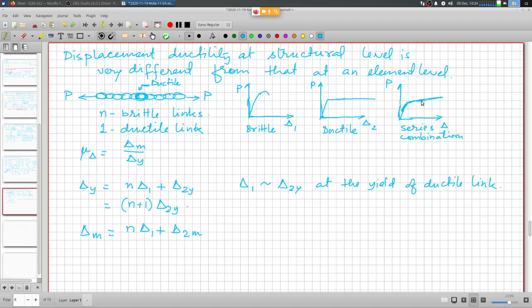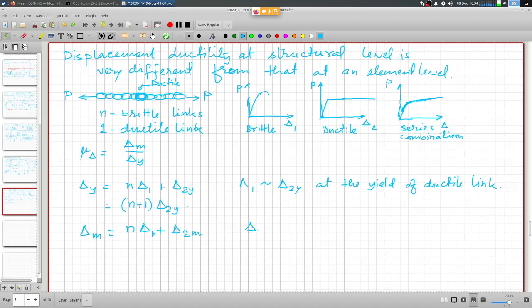So the brittle, other elastic link elements really have a very, very small contribution to make. Most of the deformation is absorbed by this ductile link, and it keeps on flowing.